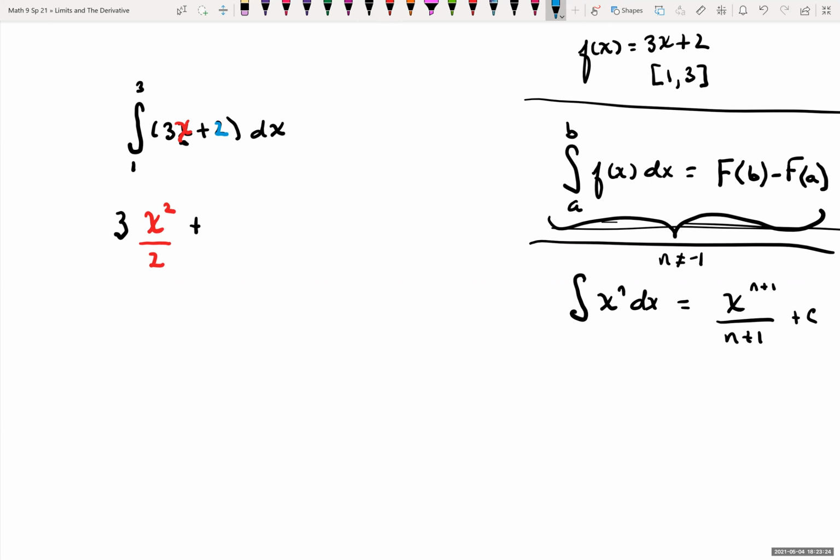What can I take the derivative of to get back 2? Well, the derivative of 2x gives me back 2. I'm again not going to write my plus c here. And this is how we denote that we're evaluating this. We remind ourselves that our bounds are 1 to 3.